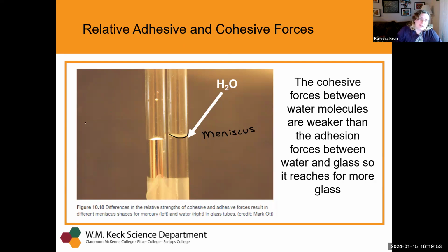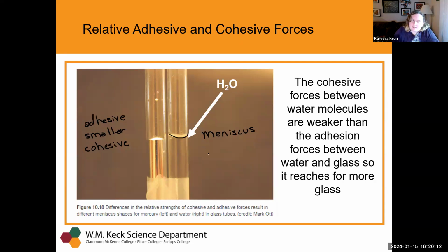So if the adhesive forces are smaller than the cohesive, our material pulls away from the glass.